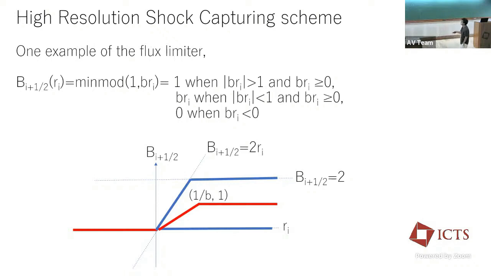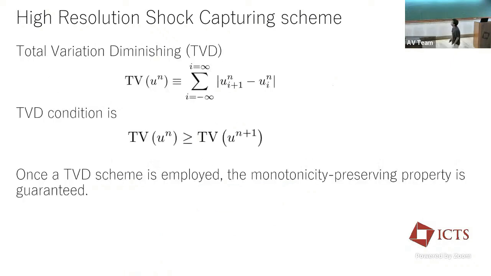Okay, so now the minmod function is a good limiter to develop the high order monotonicity preserving scheme, a nonlinear scheme. So let me explain the total variation diminishing, TVD, condition. TV is defined by the sum of the absolute value of the difference u_{i+1} minus u_i, summed from i equal minus infinity to infinity.